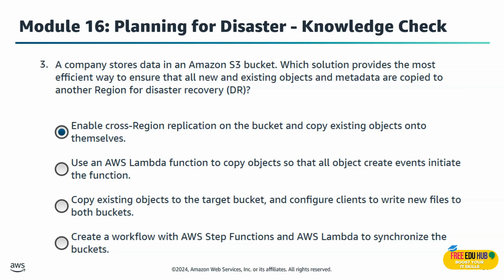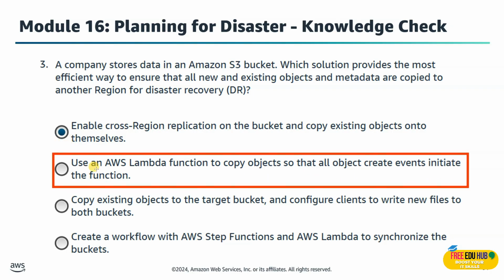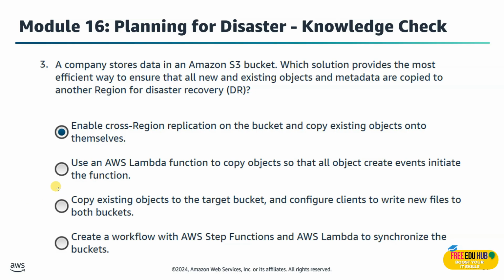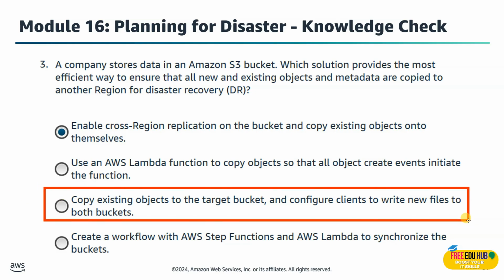Now, let's go through the other answers. The first one says to use an AWS Lambda function to copy objects, so that an object create event initiates the function. That's wrong because it covers only new objects and adds operational code overhead. We are not selecting the second option, which says to copy existing objects to the target bucket and configure clients to write new files to both buckets.